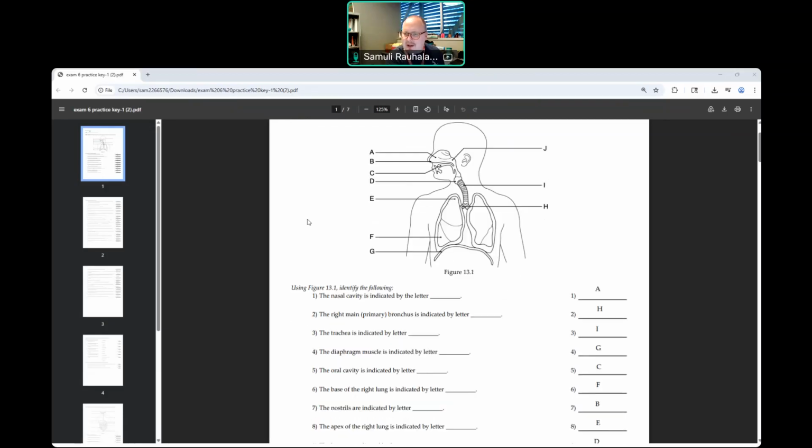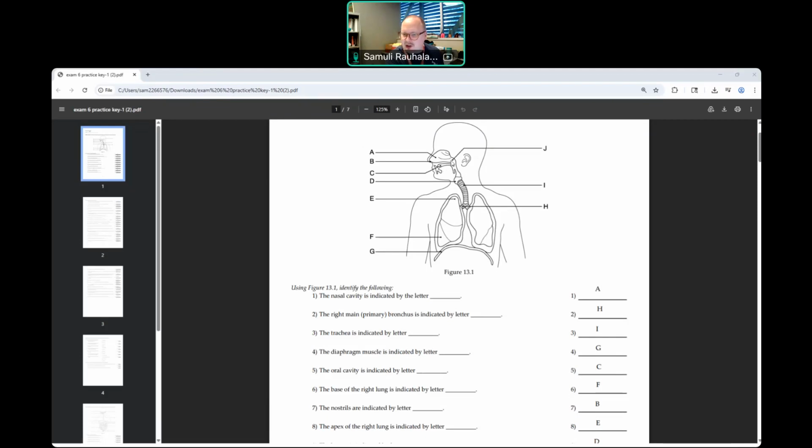Remember that we normally breathe through the nose. And we can recruit the mouth to bring in additional volume of air, like we saw in the case of yawning, to compensate for low oxygen levels.